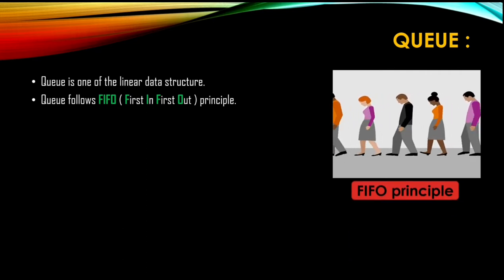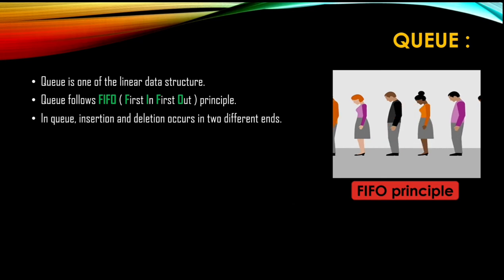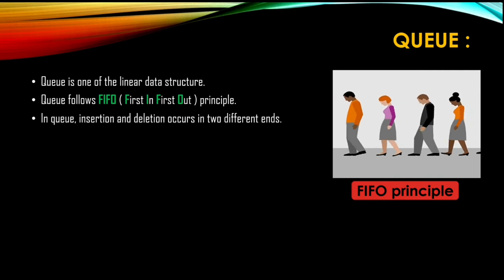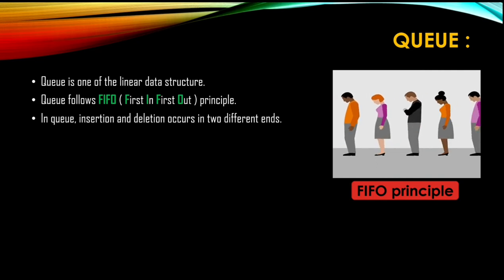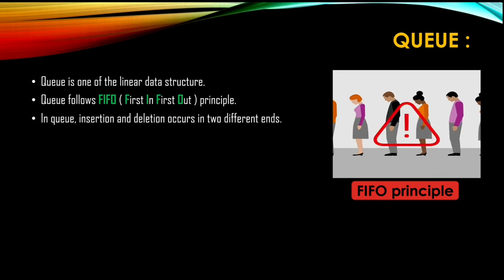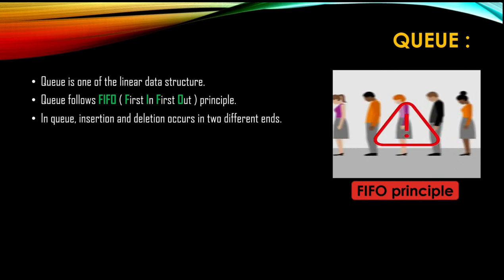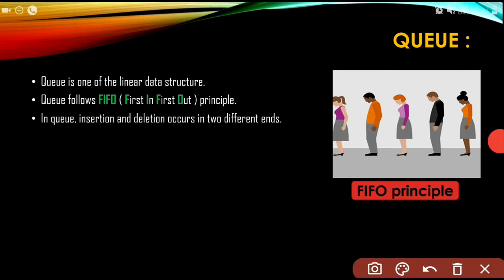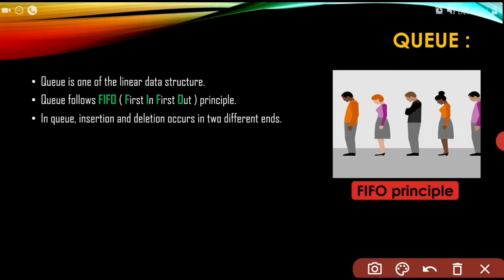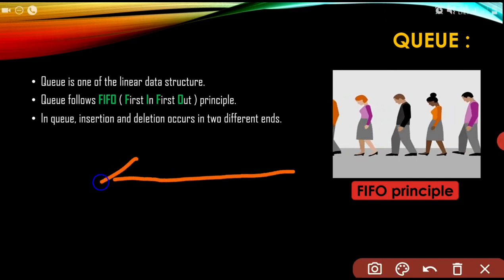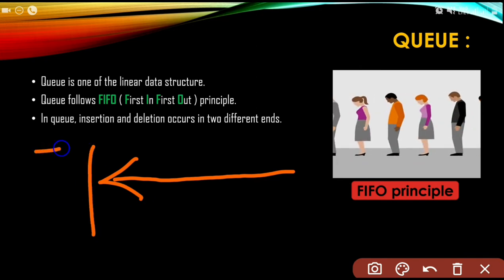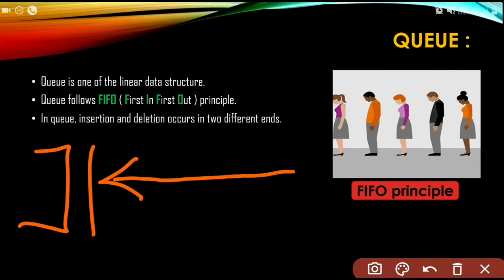FIFO principle. And in a queue you have to keep in mind different ends for insertion as well as for deletion. Means in the line, we enter the line from the last, and when the person at the counter takes a ticket, we move from here.